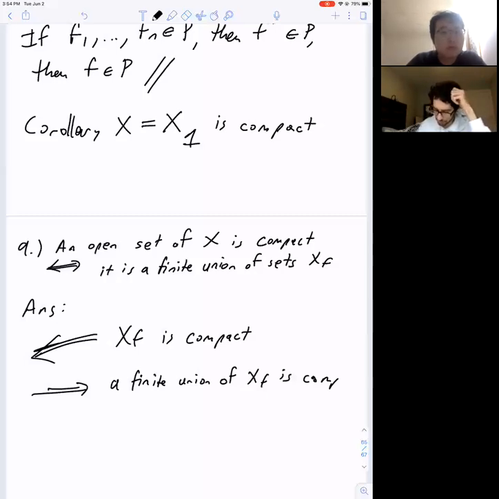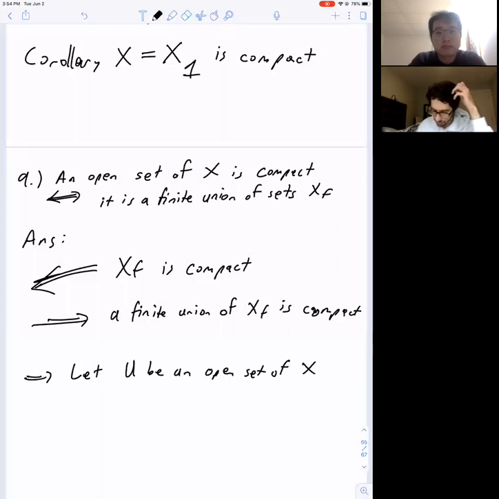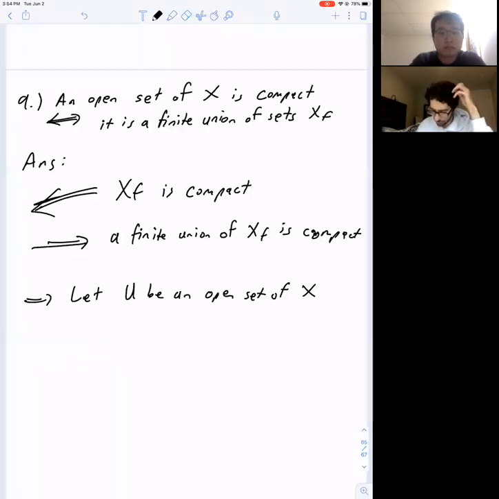The other direction is that let U be an open set of X. I can write U as some collection of X_F.